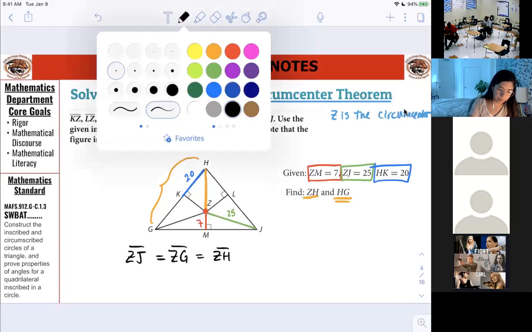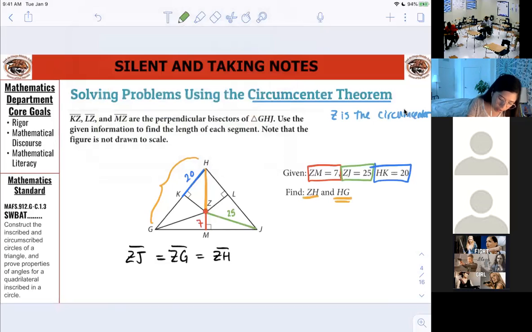Okay. So if ZJ, we already know that that's 25, how much is ZH going to be? ZH is a line segment, not an angle, a line segment.